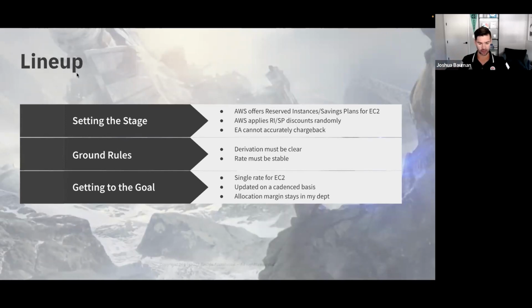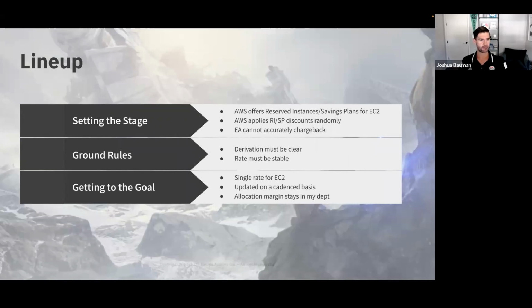What would happen at the end of the month is we'd end up with about 50 different rates for a single product, right? An M5 large, depending on if you got it all up front, no up front, partial up front, 1 year, 3 year, on demand, it could be a host of different rates. And depending on how many of each of those you used in the 720 hours in the month, your fee changed around, right?